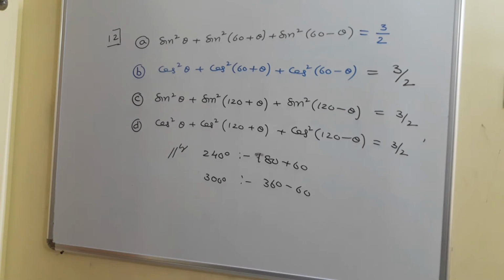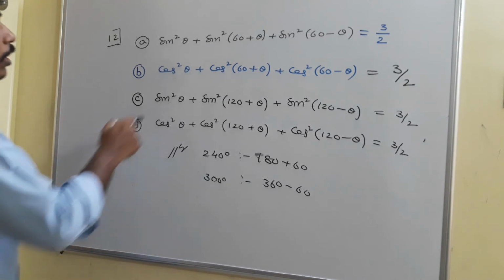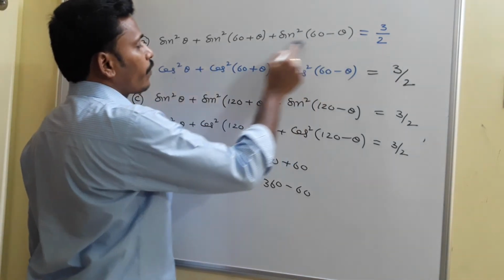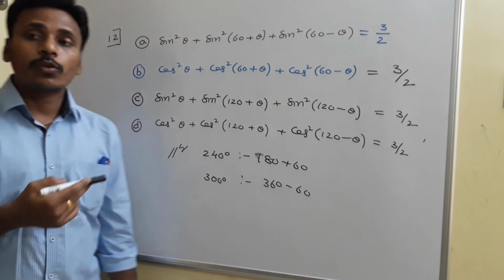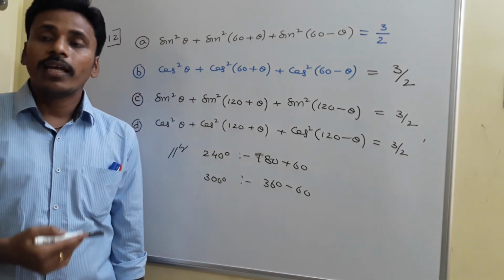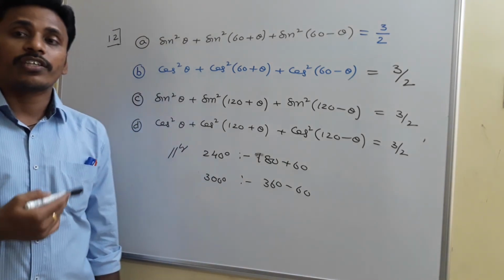Just like the first two, 12a and 12b, now we have a chance to prove C and D, and similarly we can prove the statements for the angles 240 degrees as well as 300 degrees. You need to think once, that's enough, because squares are involved. In the explanation for the first one, A, sine square 60 and cos square 60 are involved.